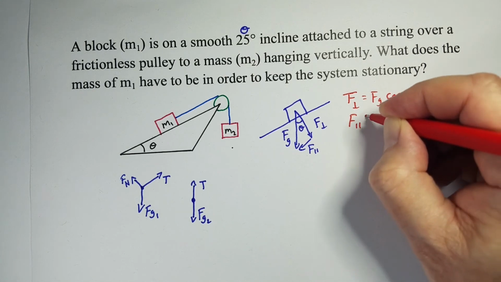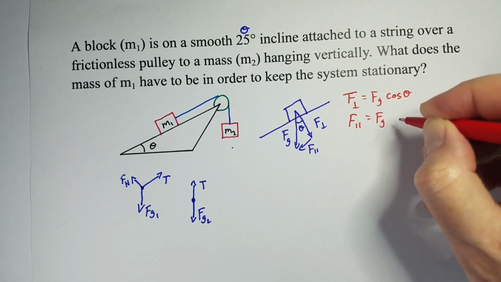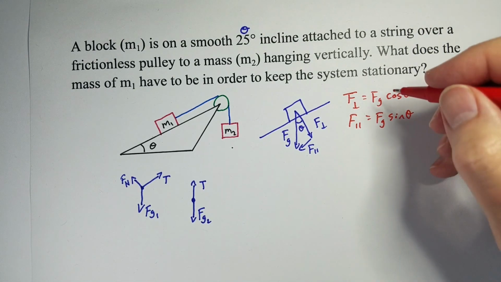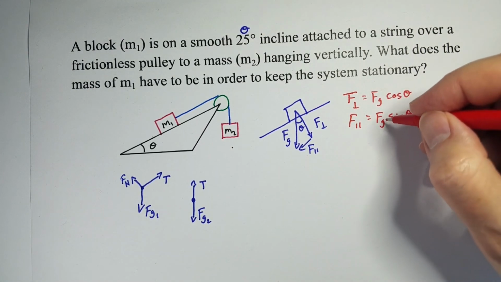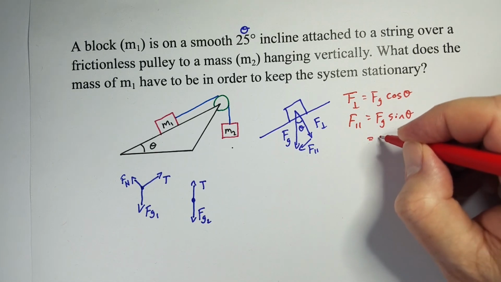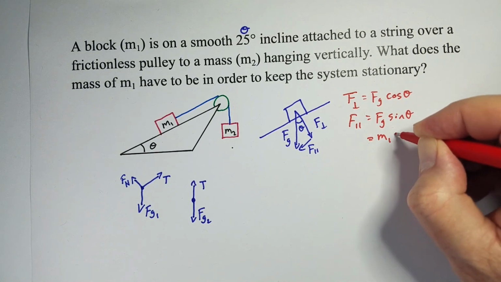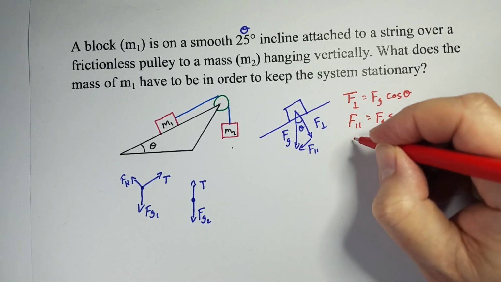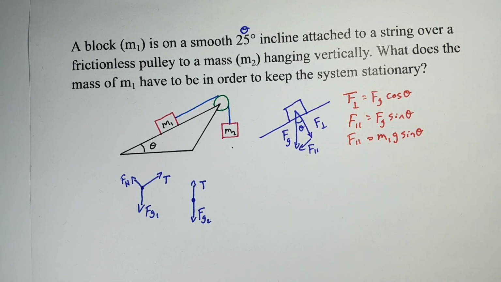Force parallel will be the weight times the sine of the angle. And again, we don't need to know the perpendicular part, we just need the parallel part. So I'm just going to shift that into m1g sine of theta. That's the force parallel.